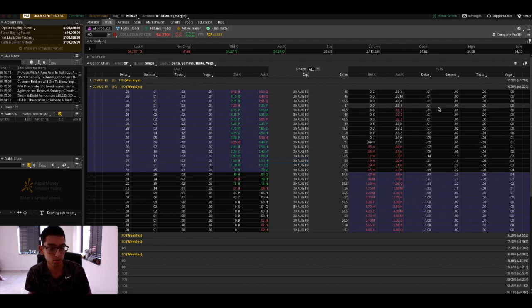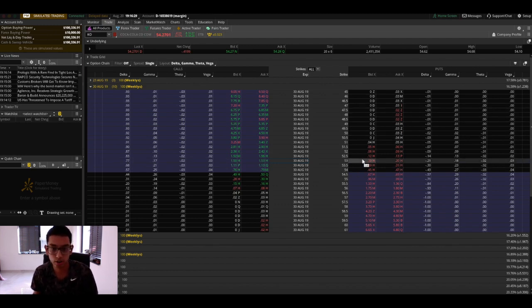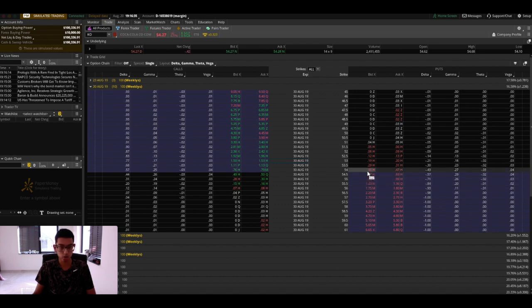Now I just want to explain quickly for the put side. If the stock drops by $1, you have all these negative ones, because delta is always measured in a positive move of $1.